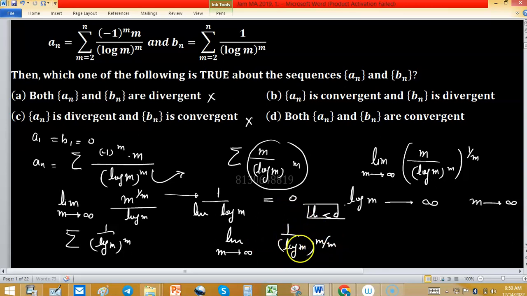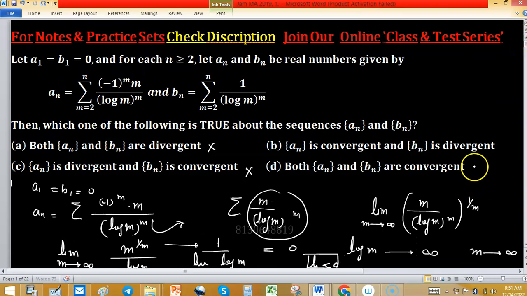We have applied the root test. It means 1 upon the limit as m tends to infinity of log m, and this will also go to 0. So an and bn both are convergent. Option D is correct.